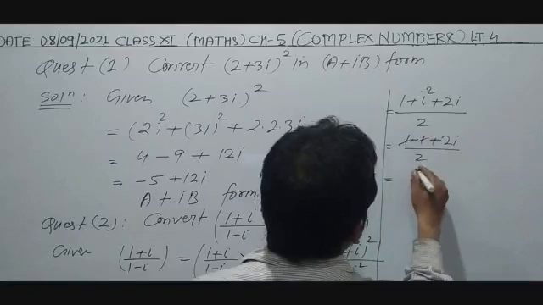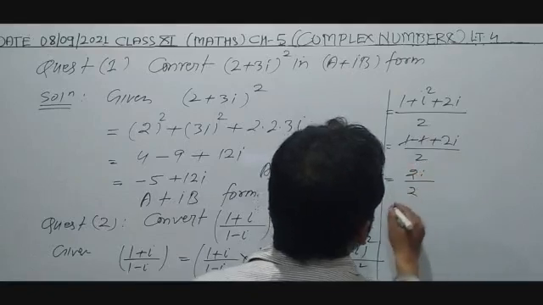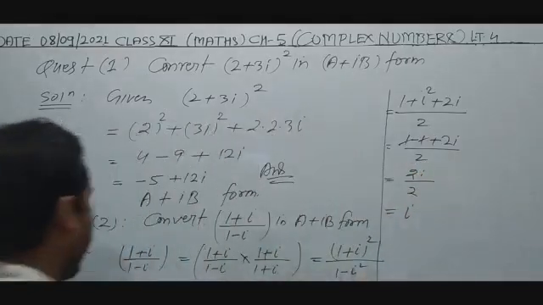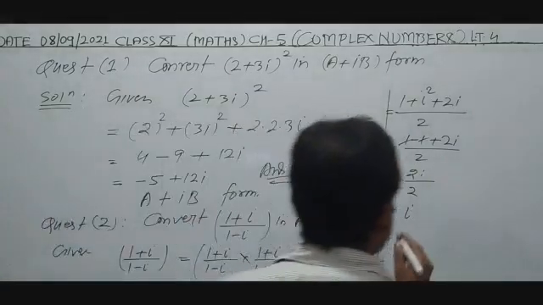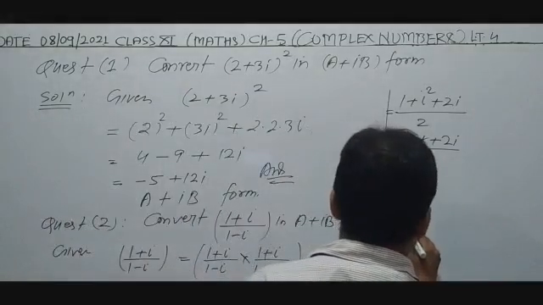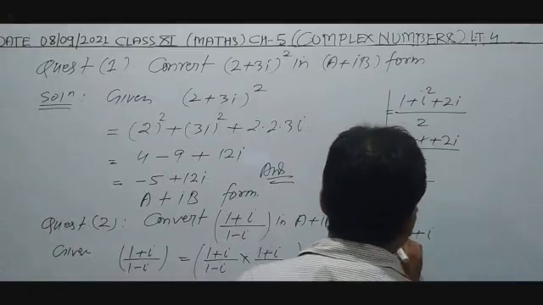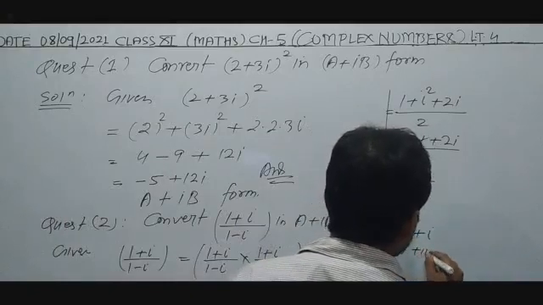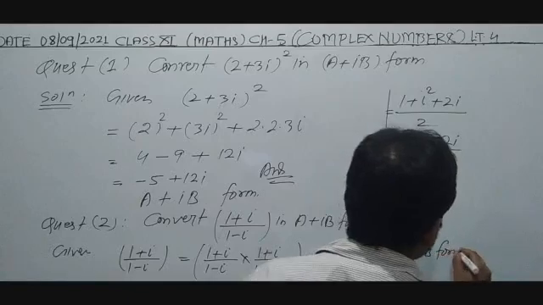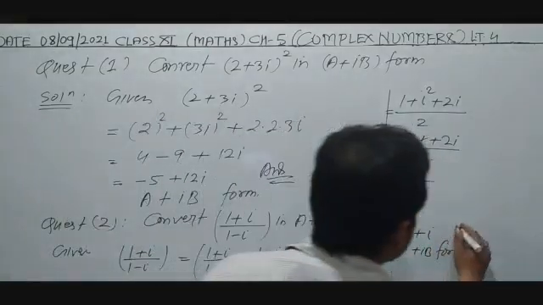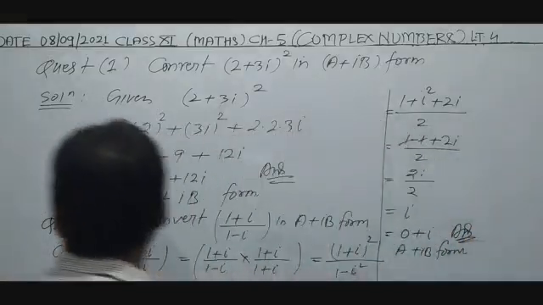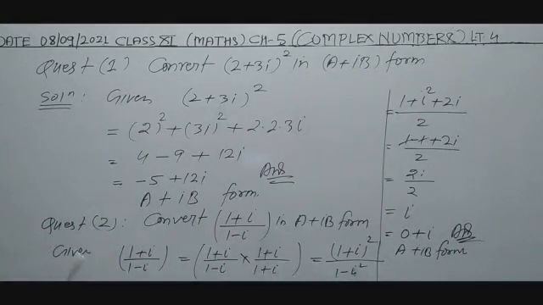So plus 1 minus 1 is cancelled out. So 2i upon 2, result will be i. So in A plus iB form we can write this is 0 plus i. Now this is the answer. Now two questions are completed.